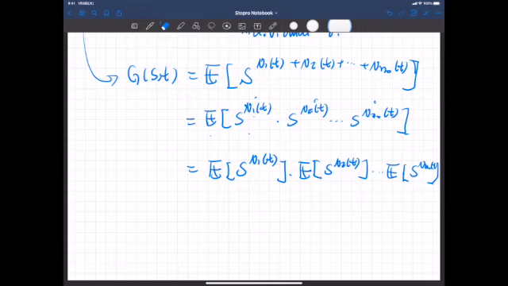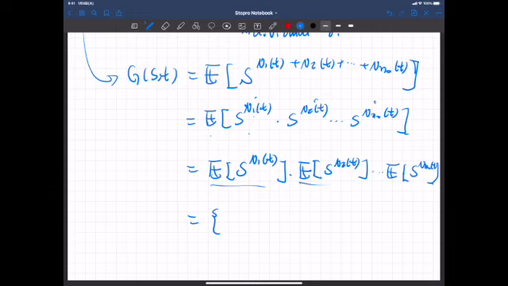But not only are they independent, they are also identically distributed. So they behave exactly in the same manner, meaning they follow the same probability distribution. Therefore, we can replace this product.